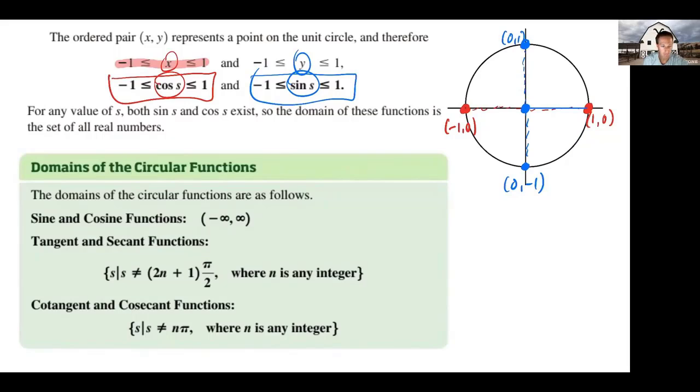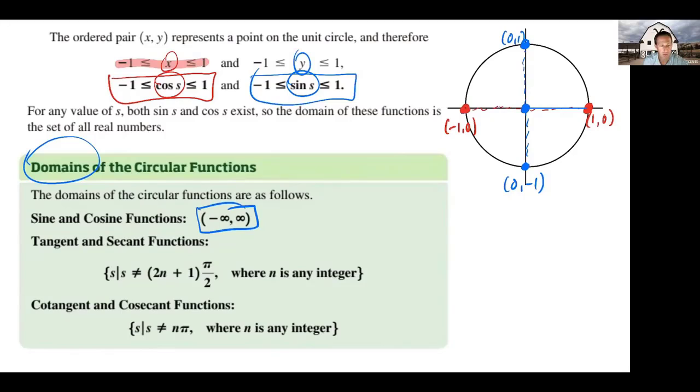Right? So what can we plug in? That's the difference between the domain, all right, and the range, which is what we can get out. The range of numbers that come out from the domain, what we can plug in. All right, so for the sine and cosine, you can see there are no restrictions. We can plug in any value we want.